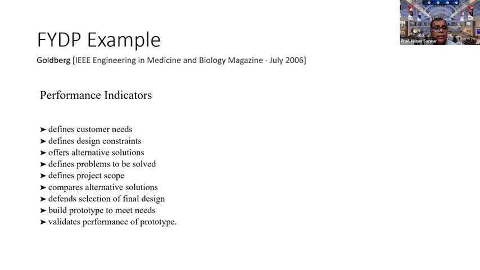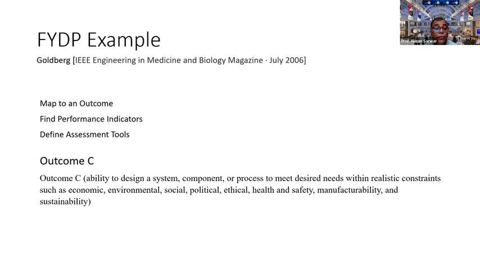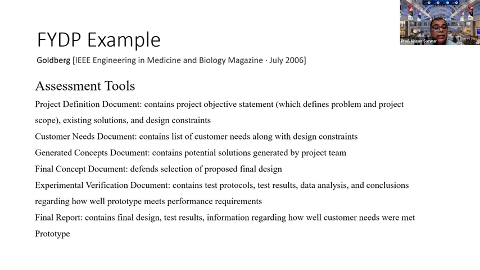So here you can see the performance indicators: defines customer needs, defines design constraints, offers alternative solutions, defines problems to be solved, defines project scope, compares alternative solutions, defines selection of final design, builds prototype to meet needs, and validates performance of prototype. So this is the breakdown of the outcome, and this breakdown is known as performance indicators.